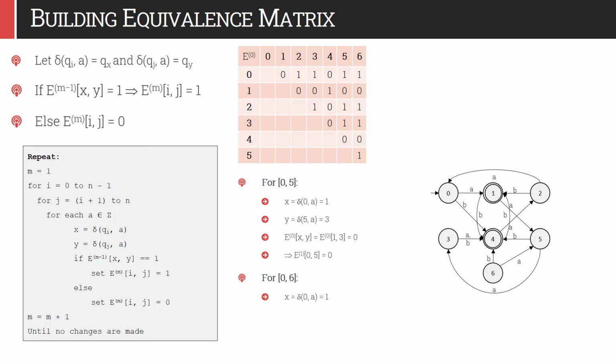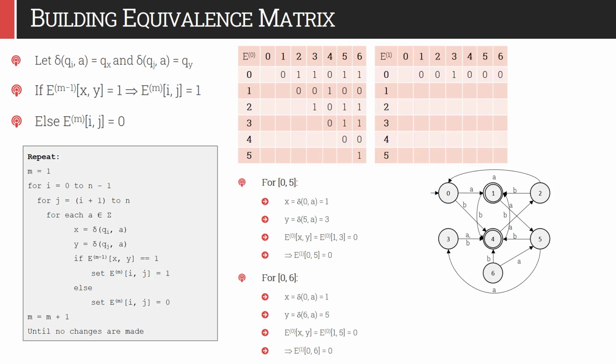Again we find x and y, and it gives us 1 comma 5, or 5 comma 1, vice versa, both are the same because the matrix is symmetric. That entry is 0, and that's why we set E of 1 at 0 comma 6 to 0. In this way we will keep computing. So this is the computation for the first row.